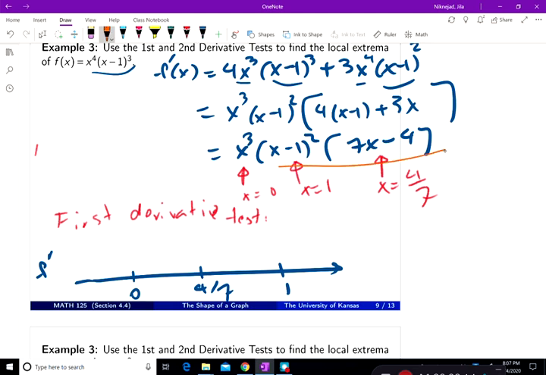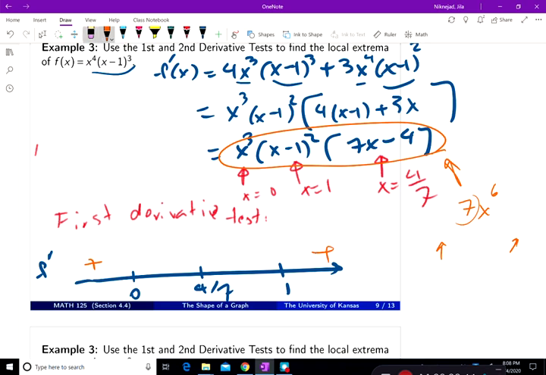The f prime is this, right? f prime is a polynomial of degree 6, and the leading coefficient is 7, so 7x to the power 6. A polynomial of order 6 with a positive coefficient is going to have end behavior that's positive on both sides. So I know it's positive here, positive here.